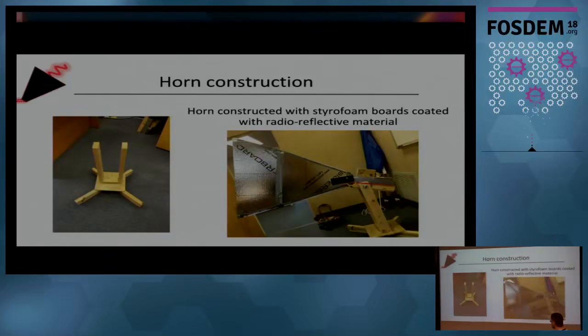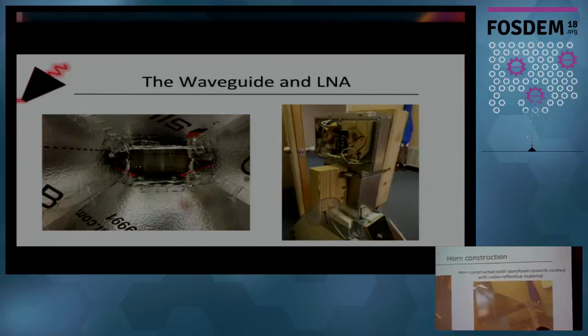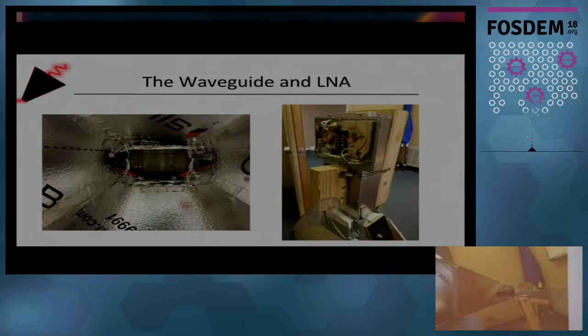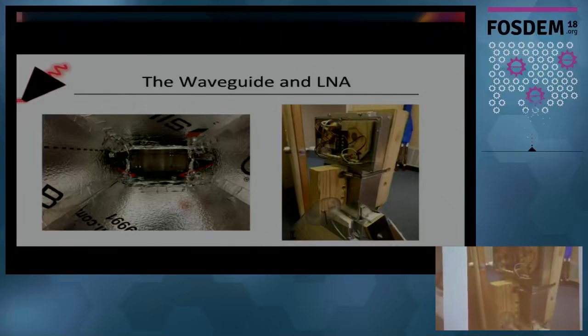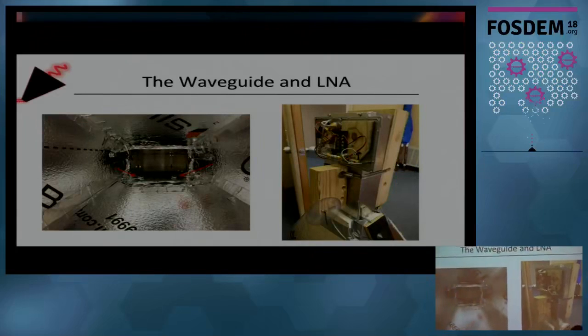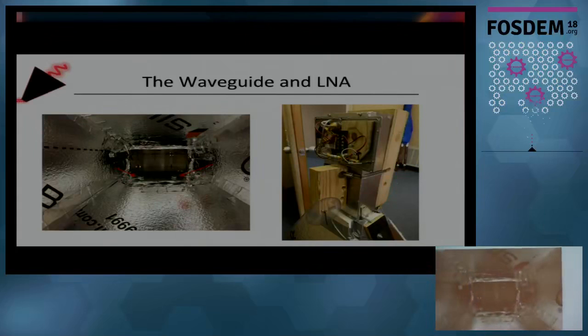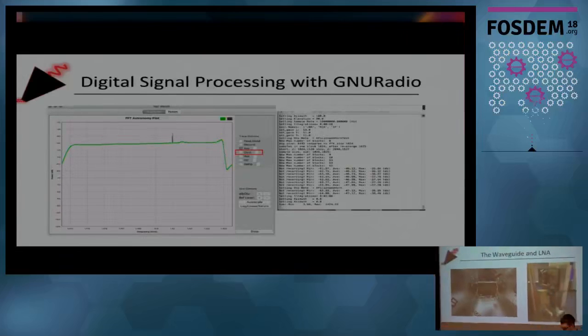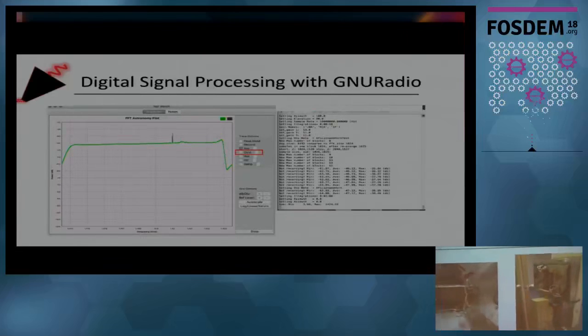So yeah, here are some pictures from the actual construction. You have to build a scaffolding frame, whatnot. This is some boards and drywall, I'm not quite sure what it is, obviously with reflective material, and then the waveguide and low noise amplifier. Just put it all together, following the schematic I showed on the first slide.